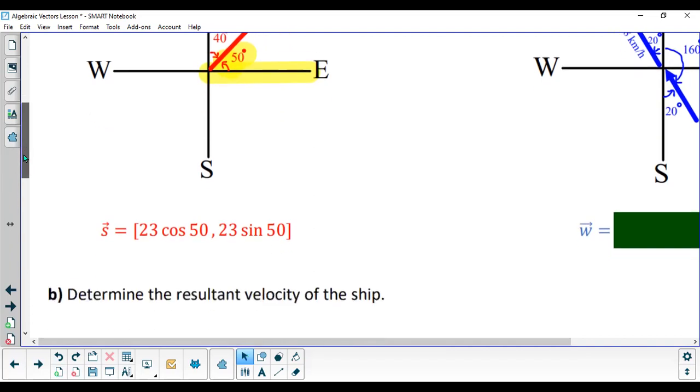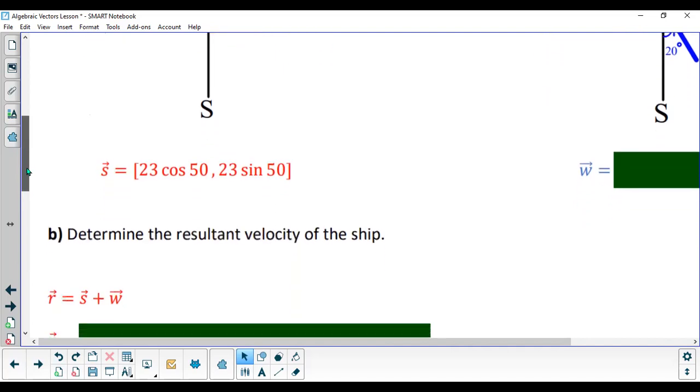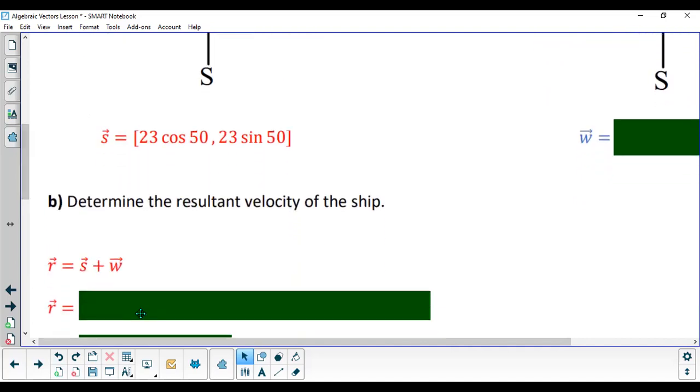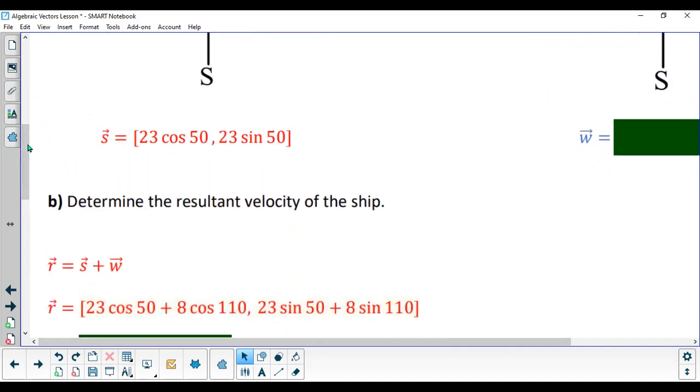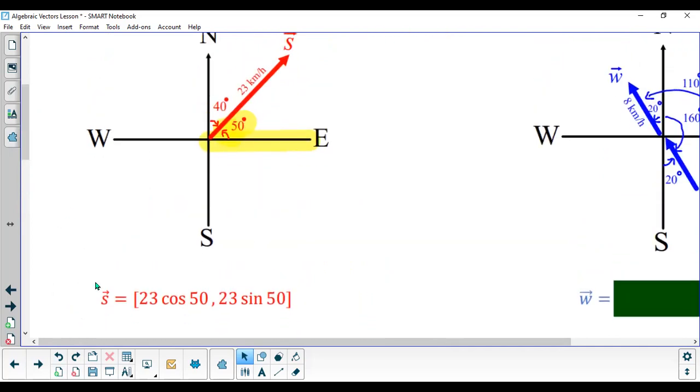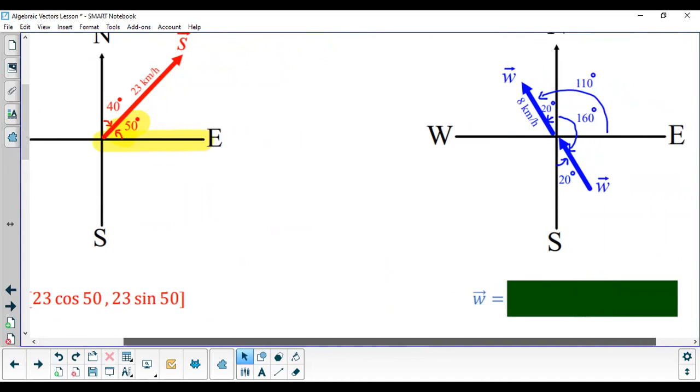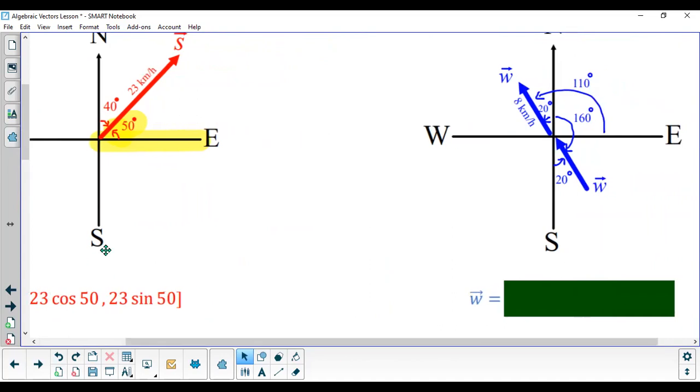And obviously we have to simplify that a little further. You can actually punch that into your calculator to get exact values, but I'm not going to do that yet because in order to get the resultant, so have these two, figure out how these vectors play with each other, I have to now work on the next vector.